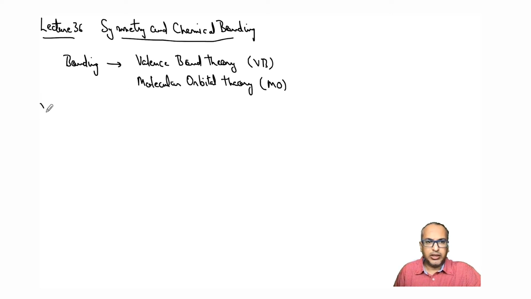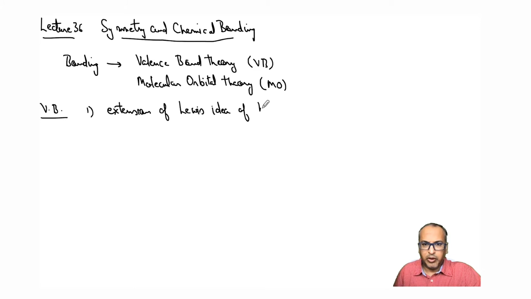Okay, so let us discuss what are the salient features of valence bond theory. So basically it is an extension of Lewis' idea of bond formation through sharing of electrons, right?